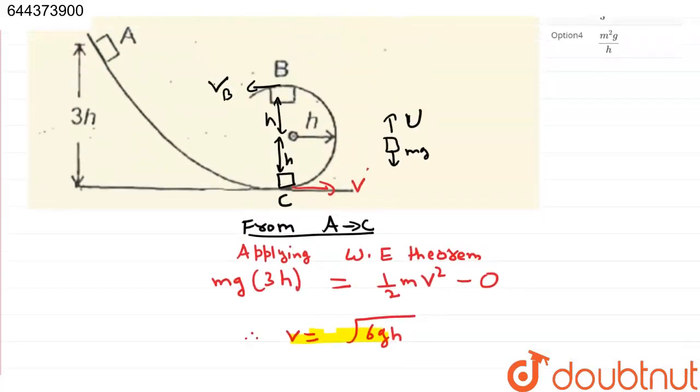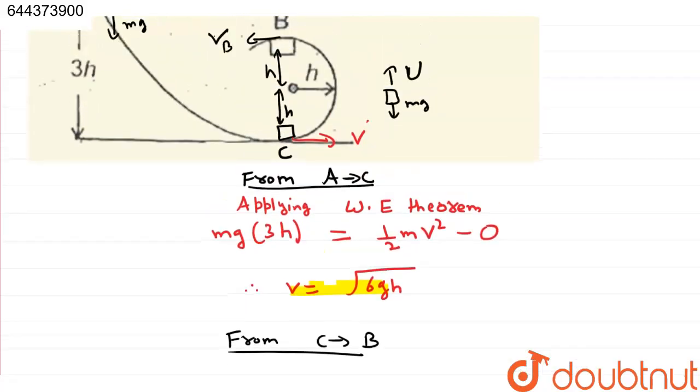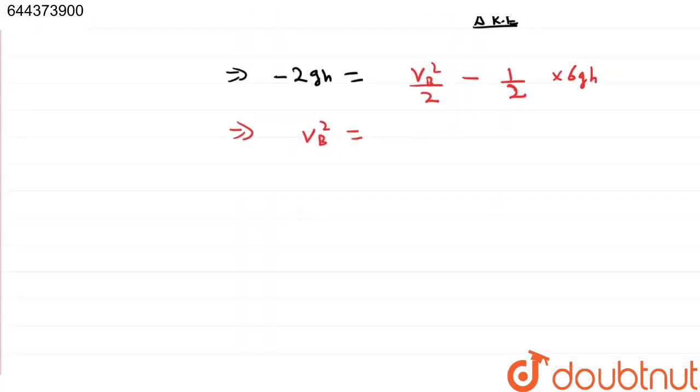From A to C we haven't used minus sign, because mg is also downward and the displacement is also in downward direction, so there will be no negative sign from A to C. But from C to B we have negative sign, because mg is in downward direction and we have displacement from C to B in upward direction, so there will be minus 2gh.